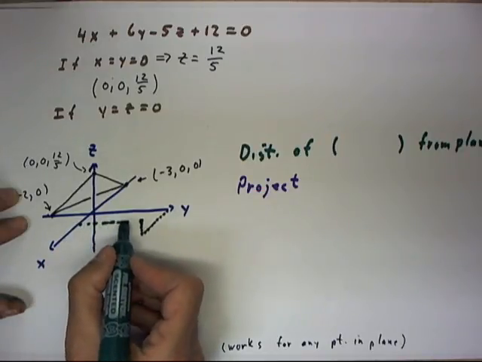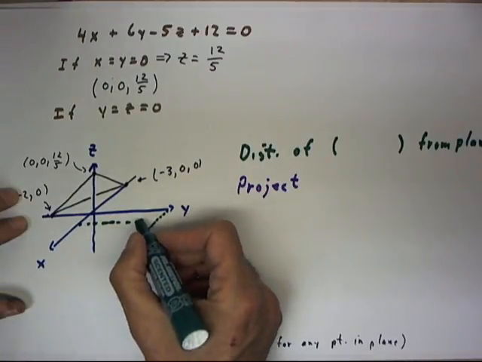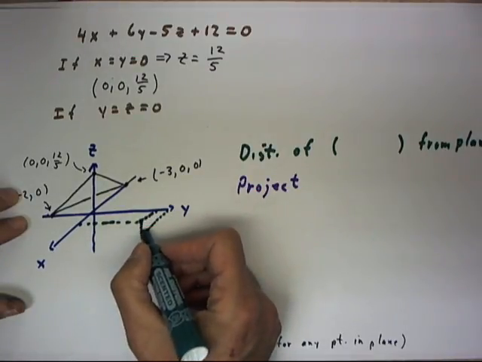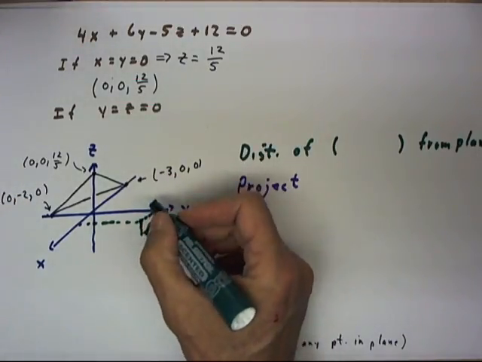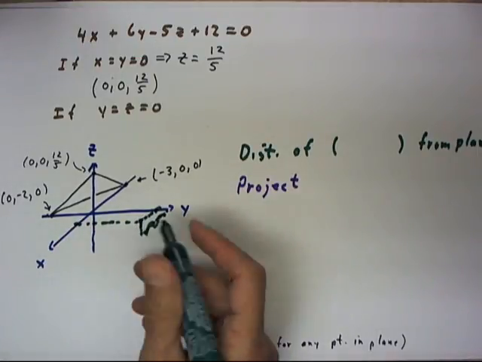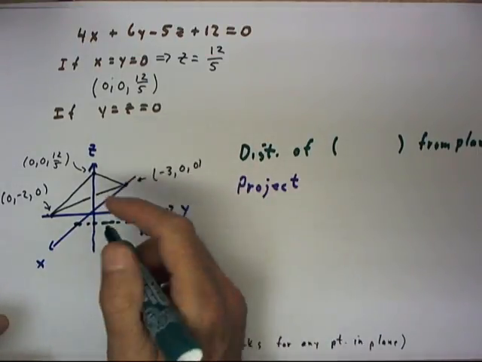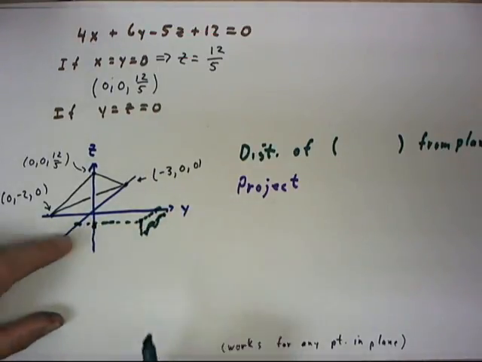Its x coordinate would be back here, and I didn't draw this projection line correctly. I'm going to just kind of X that out. So the y coordinate will be about here, the x coordinate here, and the z coordinate will be this far below the xy plane, which will put it an equal distance below the origin about here.